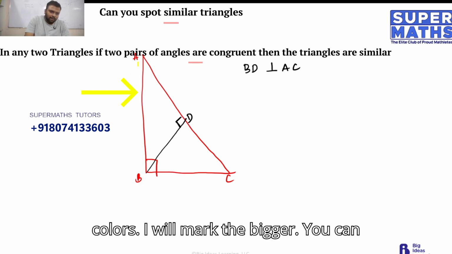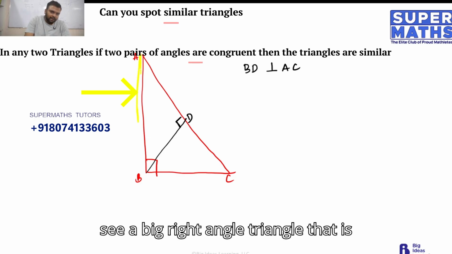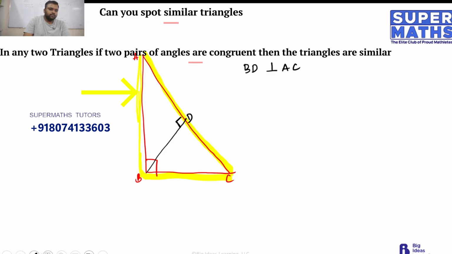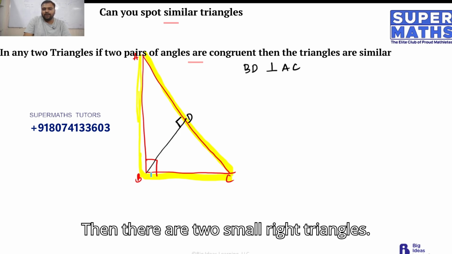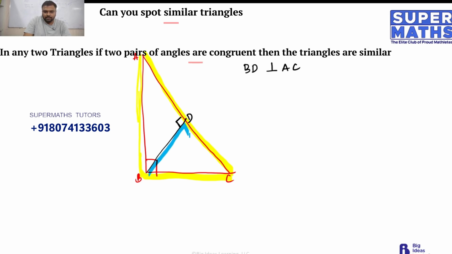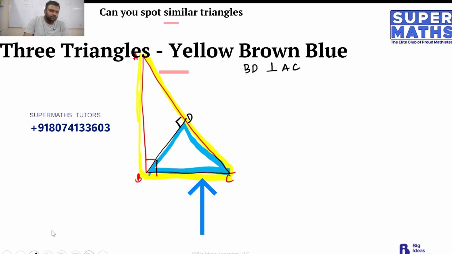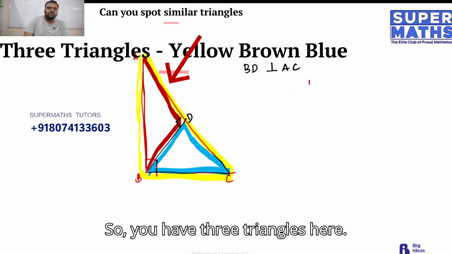Okay, I'll mark the bigger one, you can see a big right angle triangle that is marked in yellow. Then there are two small right triangles. One is marked in blue, the other one in brown. So you have three triangles here.